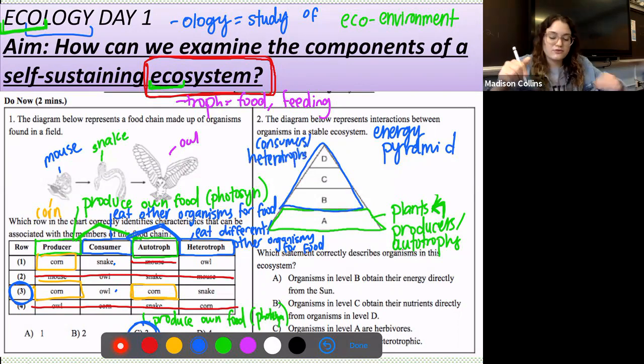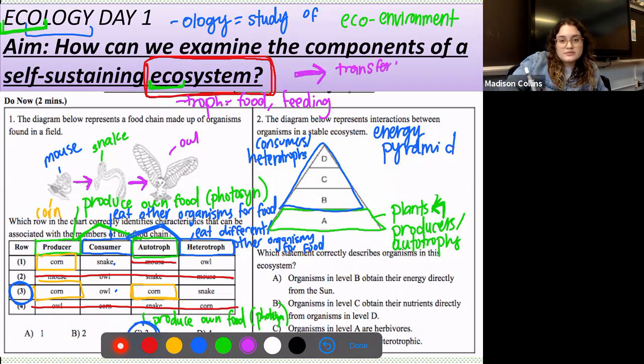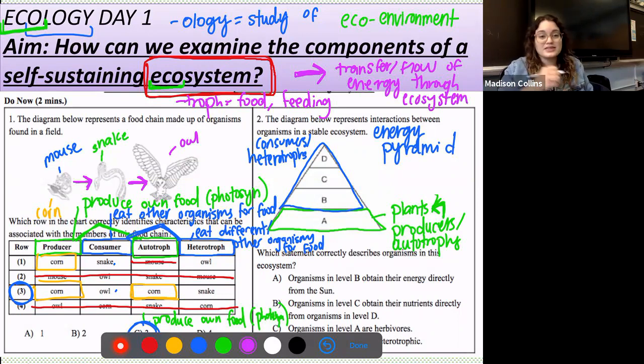Now, before I tell you this next part, let's go back to question 1. Now, when we looked at this food chain, you may have noticed that there are arrows pointing from one organism to the next. So anytime you see an arrow in this ecology unit, we're talking about the transfer or the flow of energy through an ecosystem. So when this snake eats the mouse, it's going to gain energy.